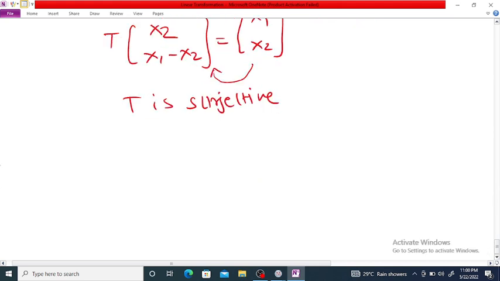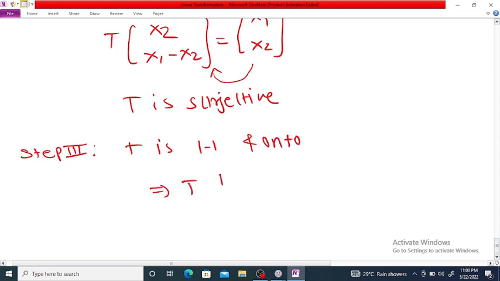Now step number 3, since T is 1 1 and onto, T has an inverse. And what is the formula?